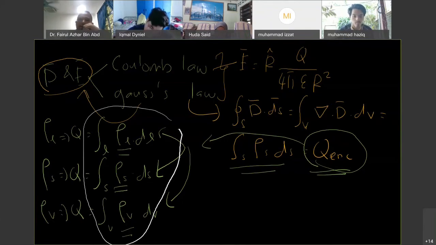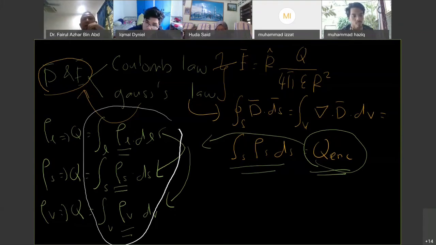And then after that is just the application of it, to find for example the potential difference. That is what we also look for in circuit analysis, the value of the current. Only in a field perspective, instead of current, we are more interested in the current density.